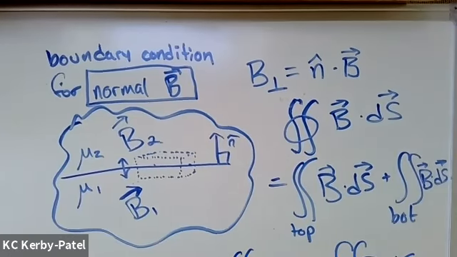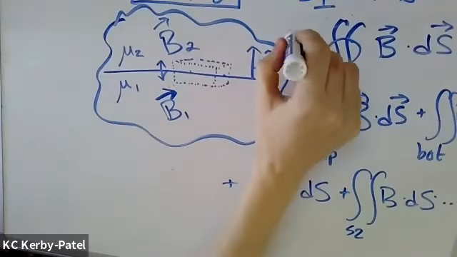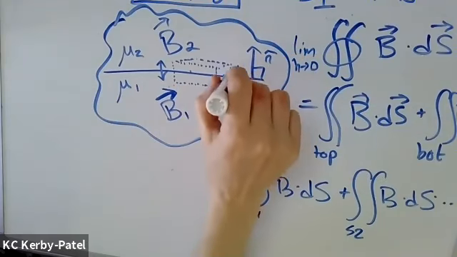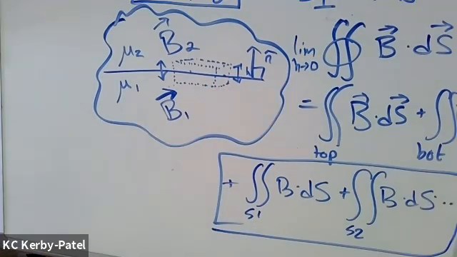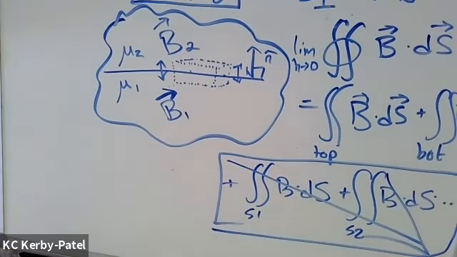But here's the thing. If I take the limit of this thing as my height goes to 0, this height right here, these fluxes, all the sides, go away. So all I care about are the top and the bottom.